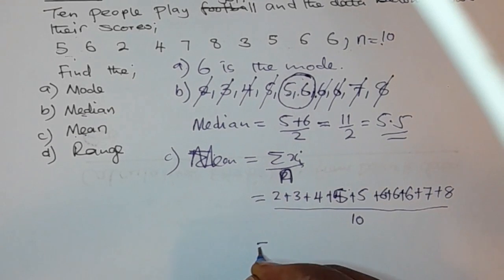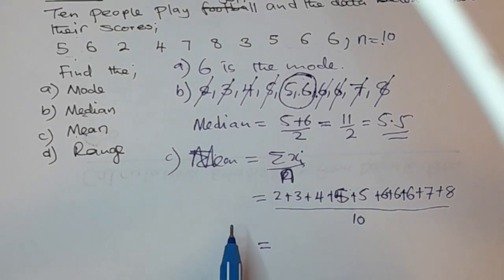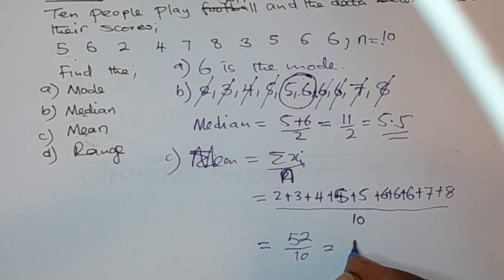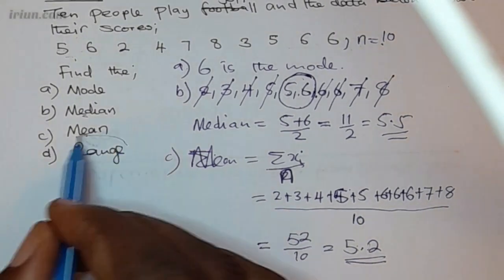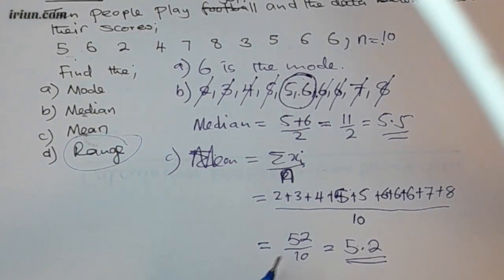So when you add this, you are going to have 52 over 10, and this gives 5.2 as the mean. So the mean score was 5.2. Now let's look at the range, which is the last one.